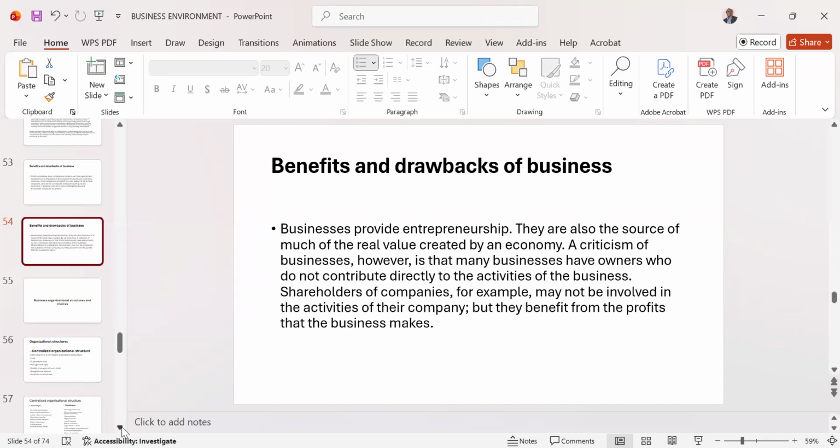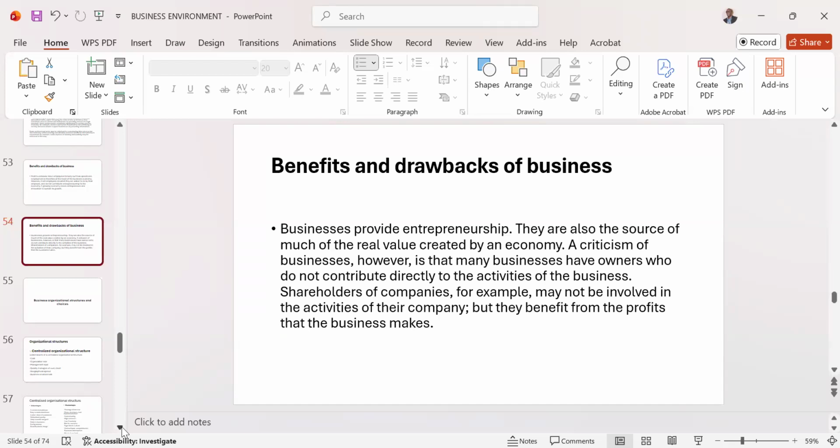And these values are what you call the value proposition. So you create value for your customers, such that they can look and say, oh, this is what this company is doing for me. And from there, they become your loyal customers.